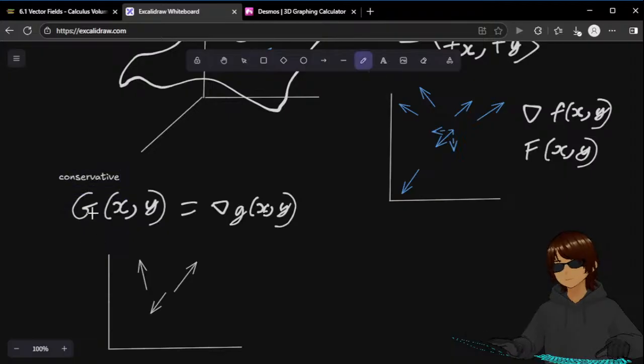And for this conservative vector field, the associated function is called the potential function. So for a vector field, if there is a potential function, then this vector field is called a conservative vector field. If there is no potential function, then this is not a conservative vector field.